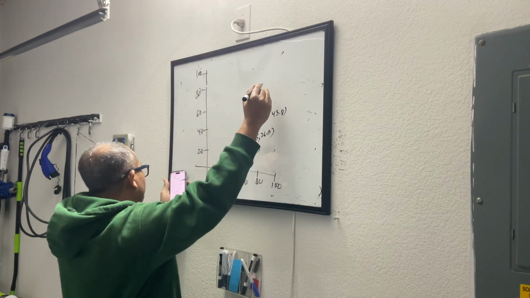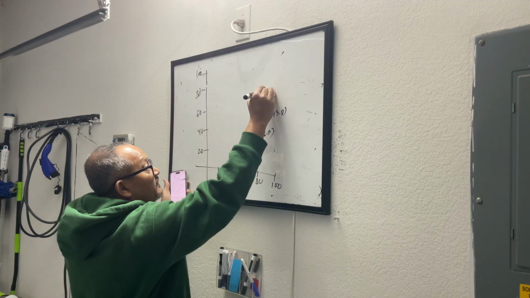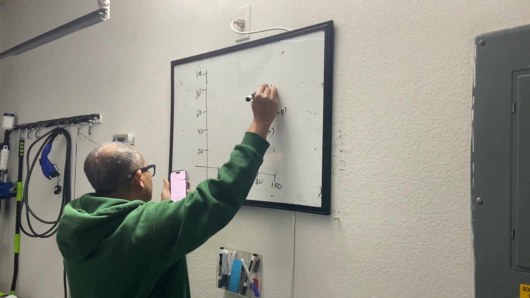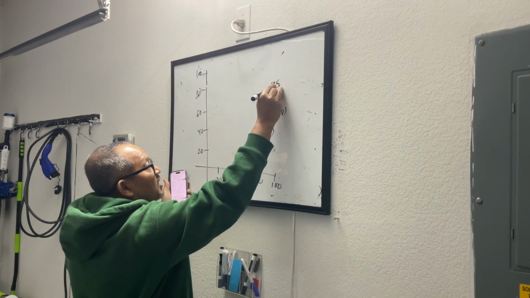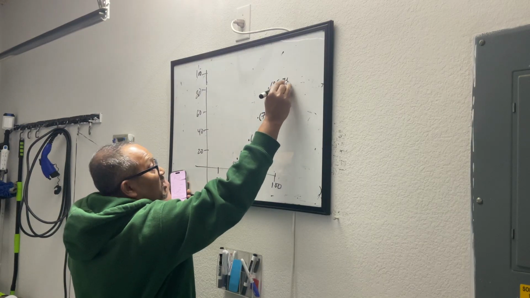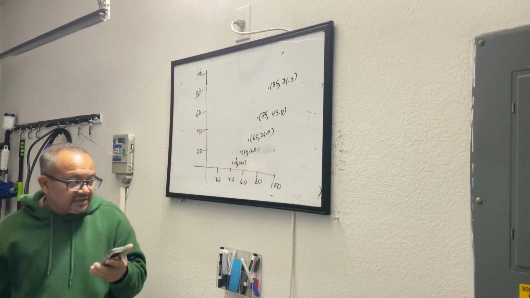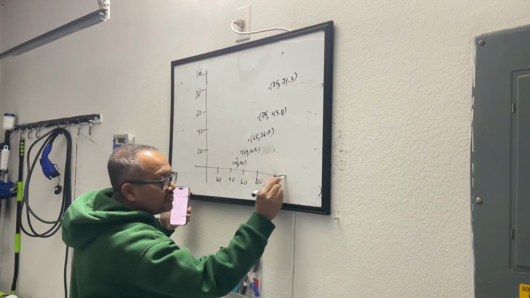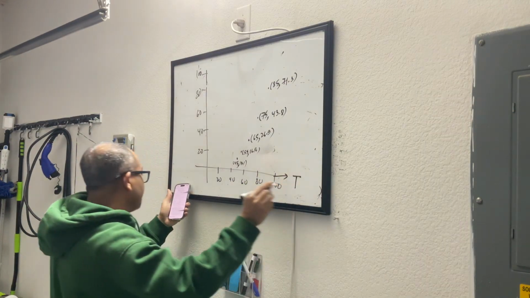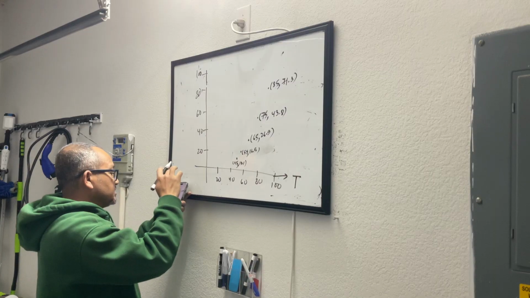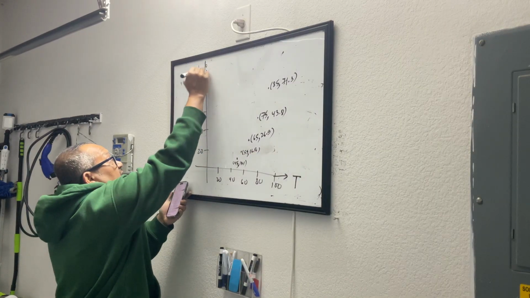And there's a fifth point which is 85, comma 71.3. Okay. Now this was all to do with my drawing skills. This is T and this is B.